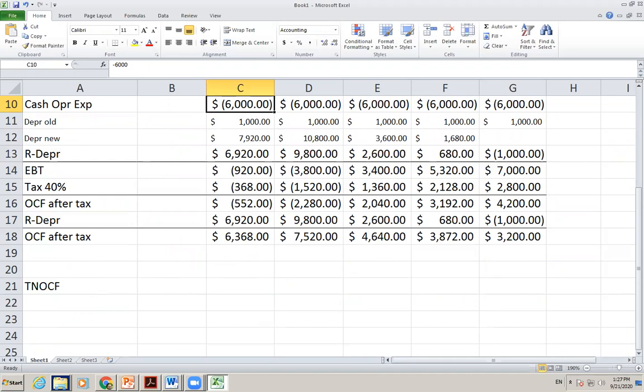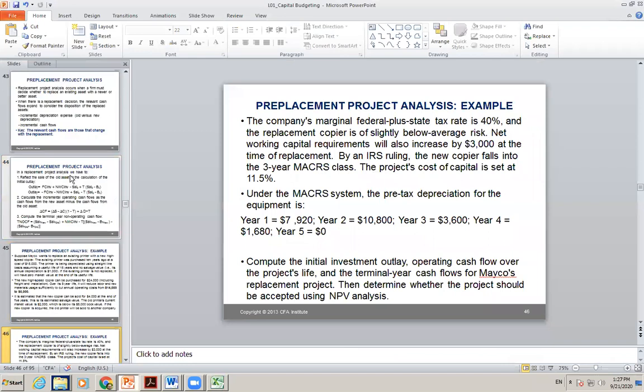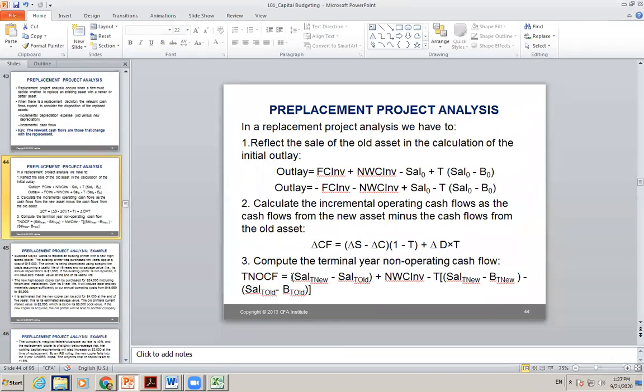And total operating cash flow, if we refer to the slides, here, this is the formulation that we use. So salvage value of new machine minus salvage value of old machine.